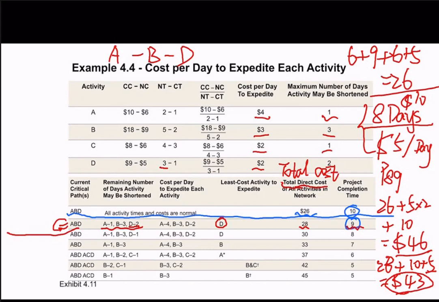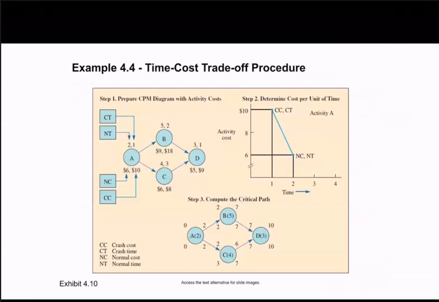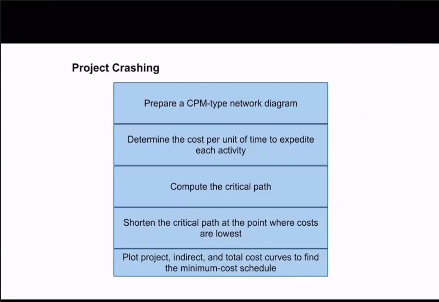If we wanted to reduce 2 days, then we continue to consider the thing. So we still need to shorten the critical path.